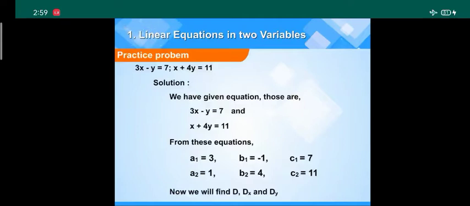Now, we will find D, Dx and Dy. Therefore, D is equal to the determinant a1, b1, a2, b2. Therefore, D is equal to the determinant 3, minus 1, 1, 4, which is equal to 3 into 4 minus (minus 1 into 1).